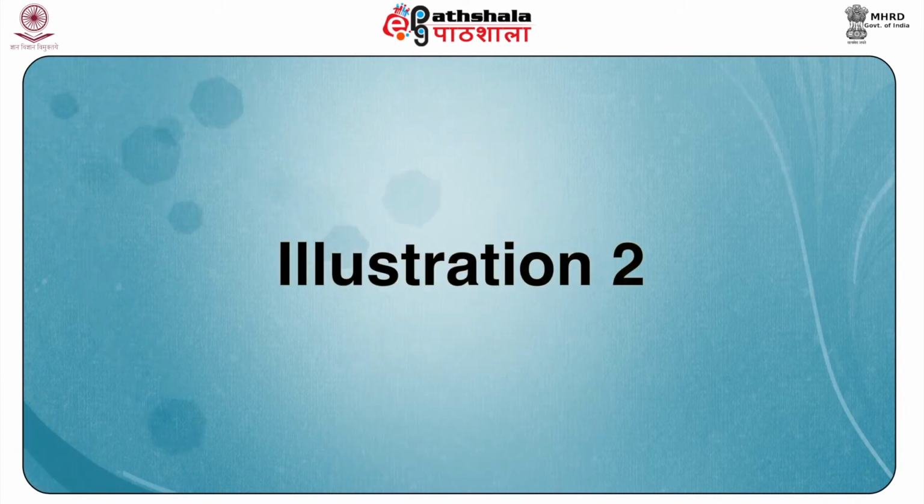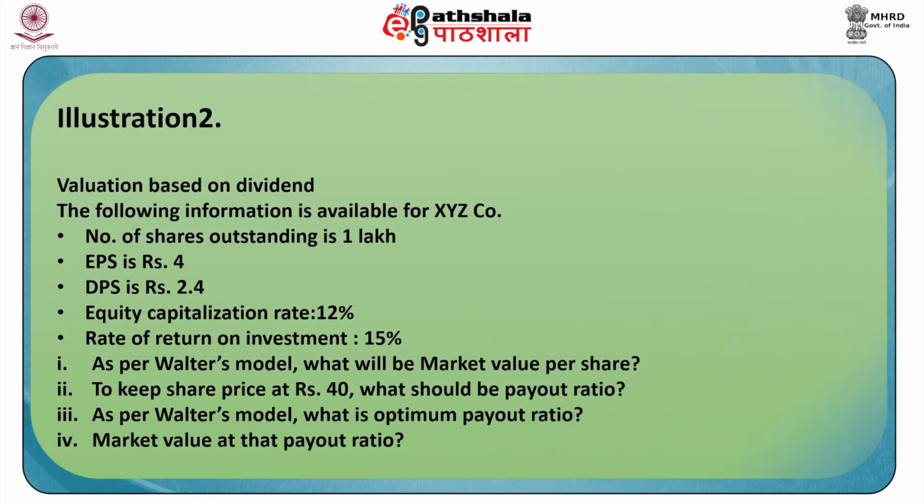Now let us see illustration 2. Valuation based on dividend. The following information is available for XYZ company. Number of shares outstanding is 1 lakh, EPS is rupees 4, DPS is rupees 2.4, equity capitalization rate is 12%, rate of return on investment is 15%.